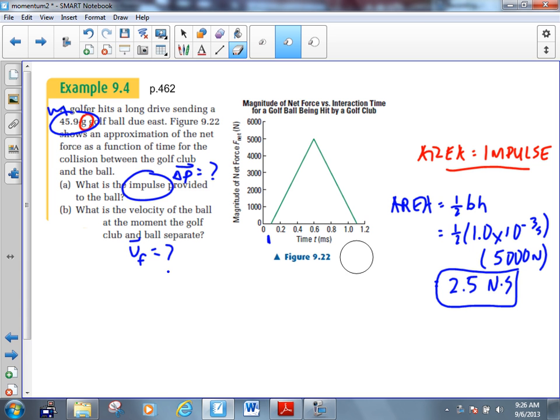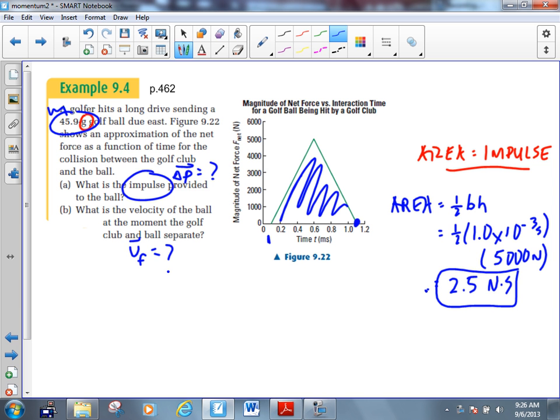Now I want to find the velocity at the moment the golf club and ball separate. You guys just told me a minute ago where the golf club and ball separate, so I'm going to use this impulse over the entire section here, over the entire area. And I'm going to set that impulse equal to m times delta v. I'll rearrange it: delta v equals the impulse over the mass.